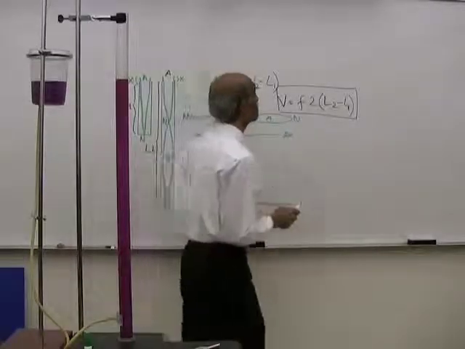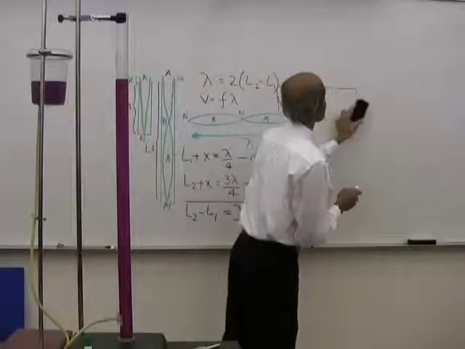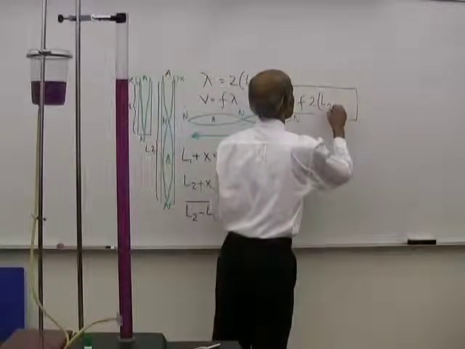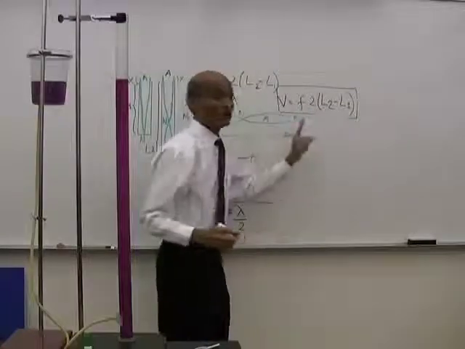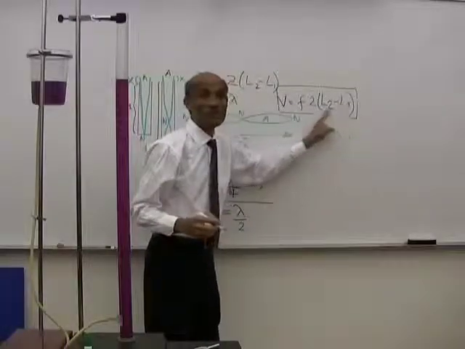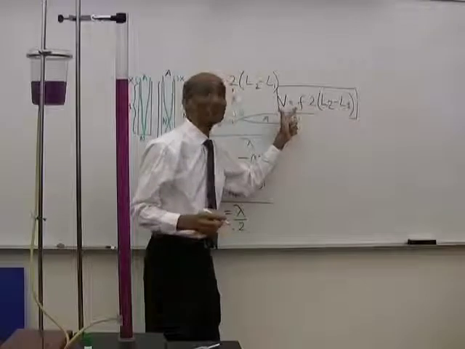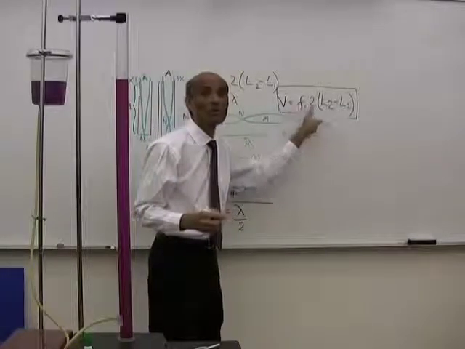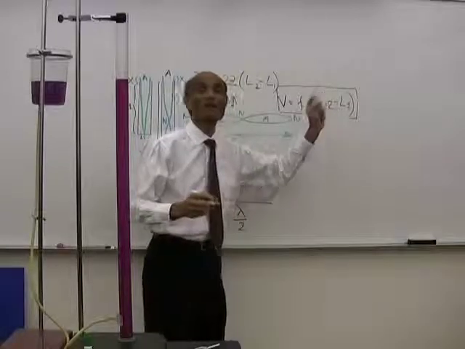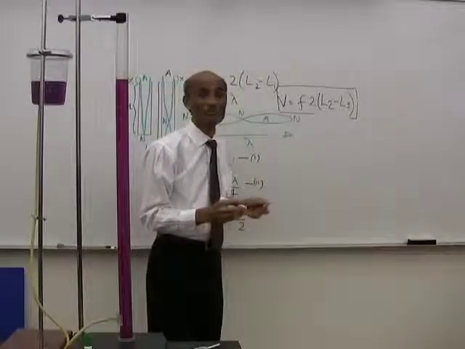What are the variables in here? This will be L2 minus L1. Now, this L2 minus L1 will vary when the frequency varies. So, frequency is a variable, L2 minus L1 is another variable.